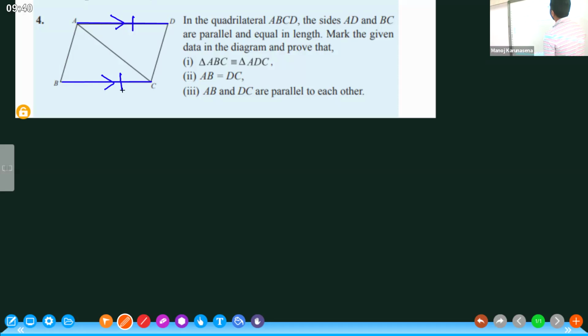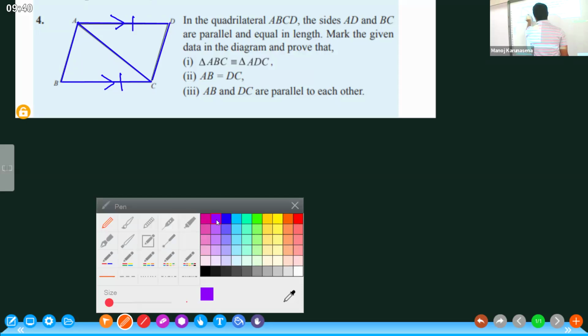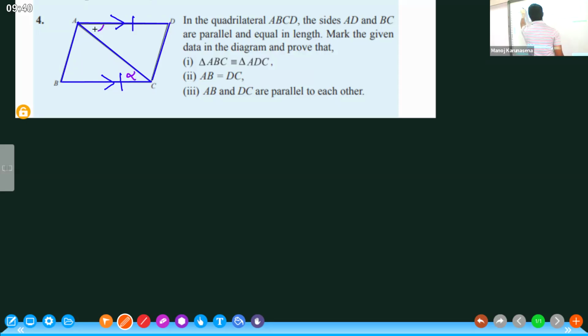Mark the given data in the diagram and prove that ABC triangle is congruent to ADC triangle. When AD length equals BC length, the top triangle and the bottom triangle. What can you tell about these two angles?